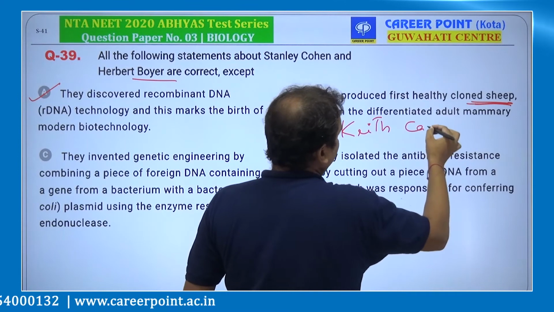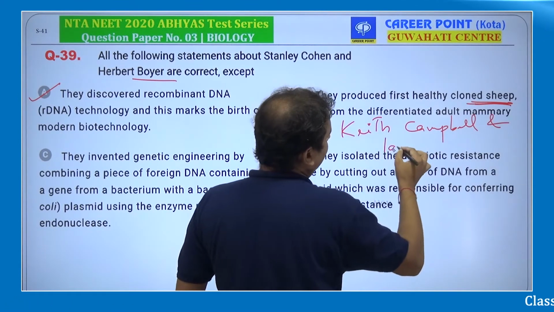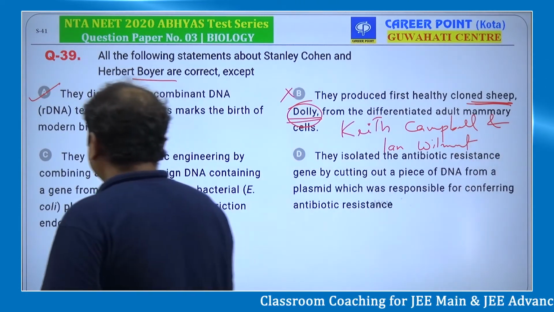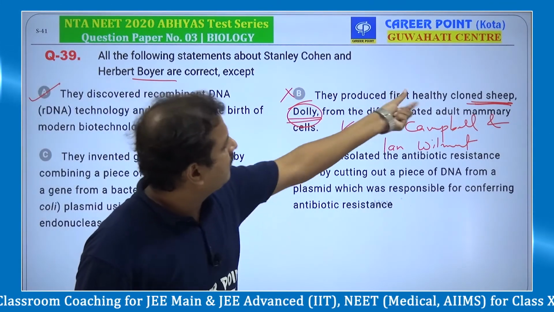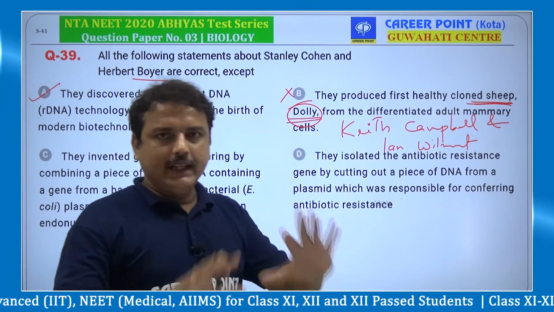Keith Campbell and Ian Wilmot. So these are the two scientists that first cloned that sheep Dolly. Actually it is in Scotland, there is an institute.